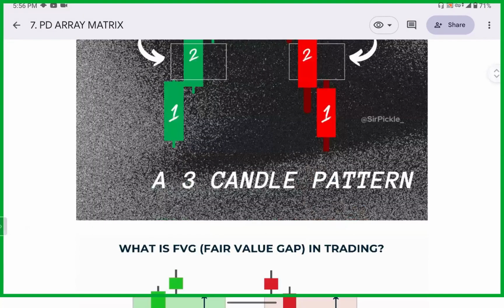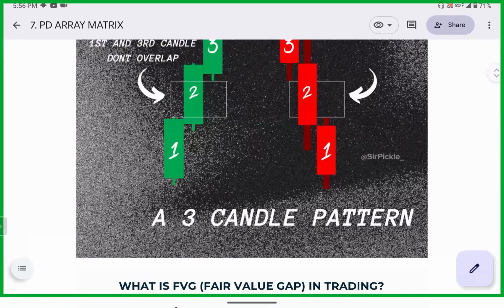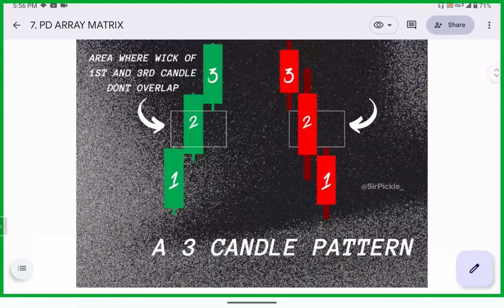You should put that in mind, and I'm going to give you an illustration, a better scenario. I told you that it is formed by three candles: first candle, second, third.